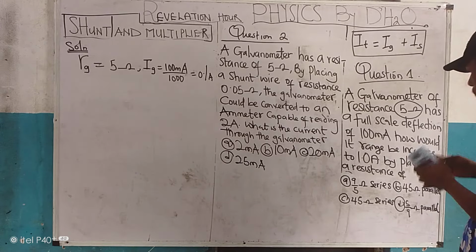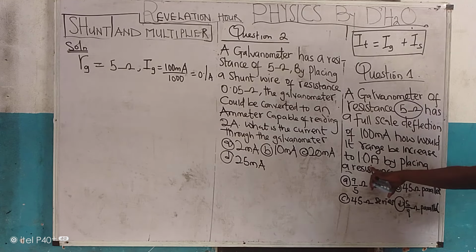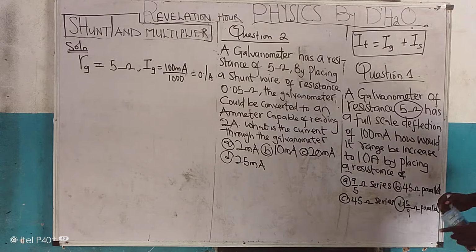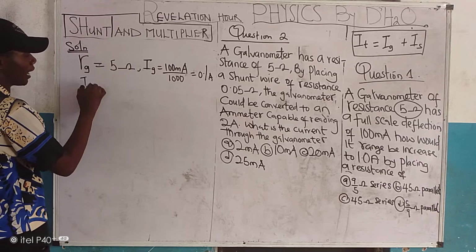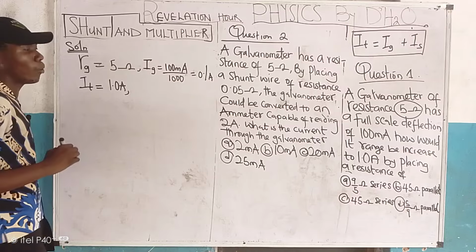How would its range be increased to 1.0 ampere? Now this 1.0 ampere is the current that is to be measured using the galvanometer. So how do you increase the range of this galvanometer so that it can measure a current of 1 ampere? Remember, you need a resistor of low resistance. First of all, 1.0 ampere is the total current. So our I total is 1.0 ampere. Okay, now what do we need to do?